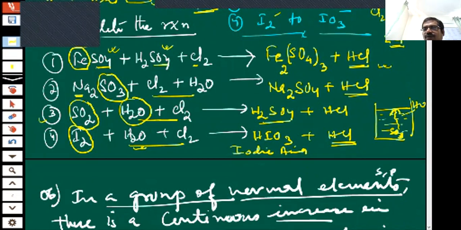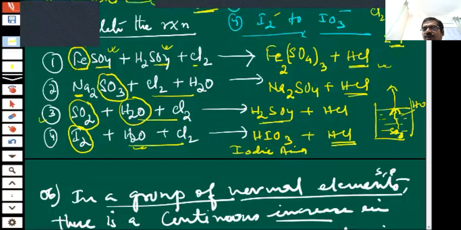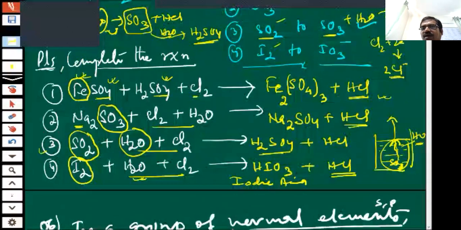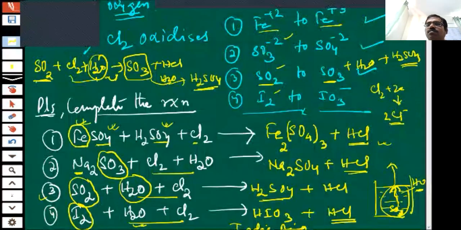It will escape also, but before escaping, it will react with water. If you do something so that it does not come in contact with water, then it will escape and leave without converting into H2SO4. Simply SO3 will come out.